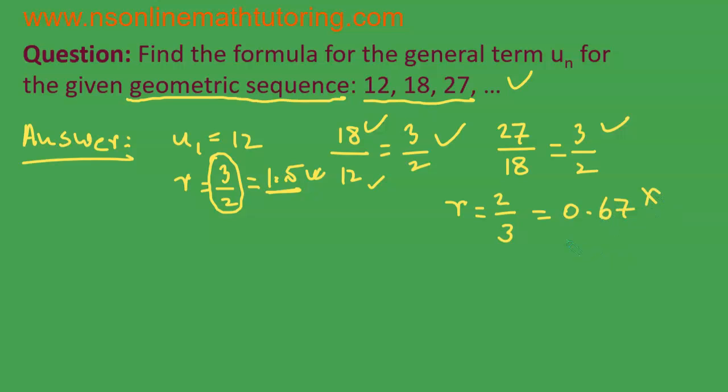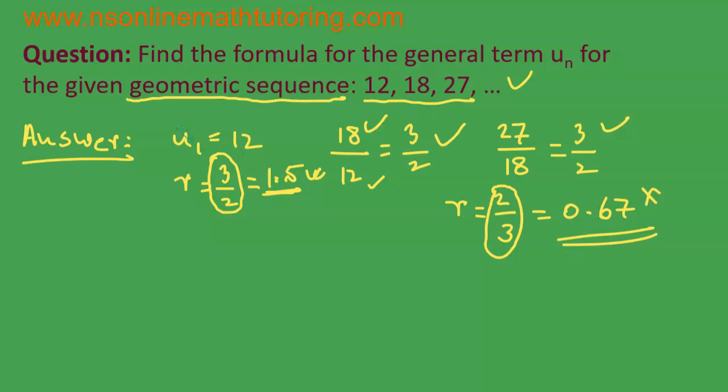This will be giving you a wrong answer. It is just an approximation. Please keep it as a fraction. I have written it in a decimal format because 1.5 is the exact decimal value for 3 over 2. It is a terminating decimal number.